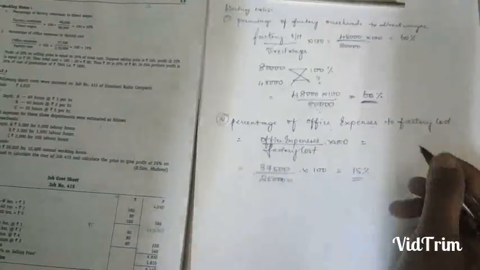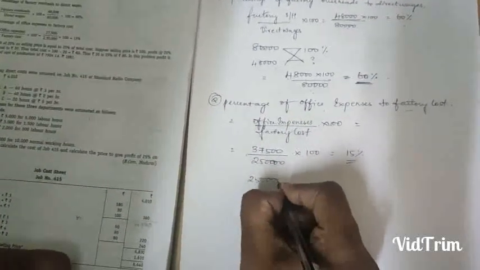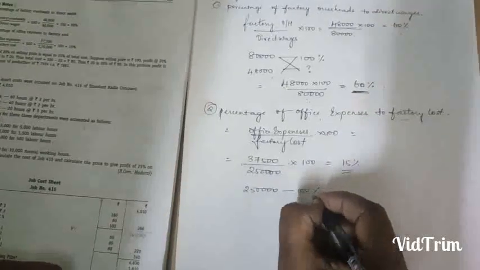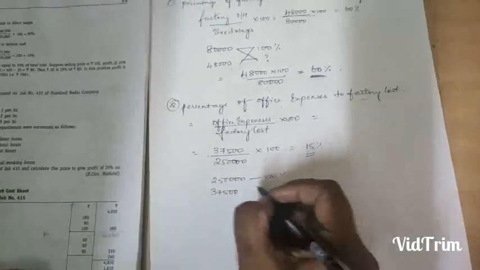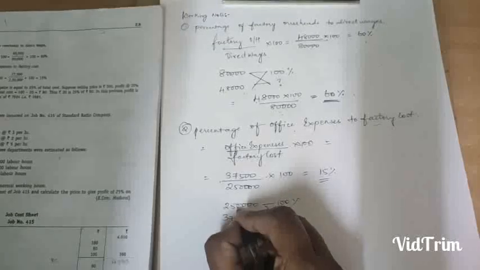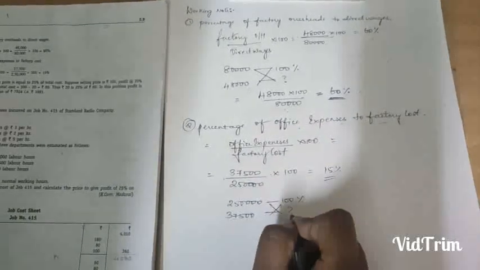Cross multiplication is also the same, where 2,50,000 is your factory cost, which is 100%. Your office expense for last year was 37,500. So what will be the percentage? Cross multiply: if 2,50,000 is 100%, 37,500 will be how much?